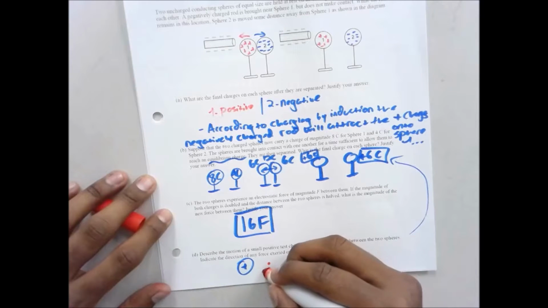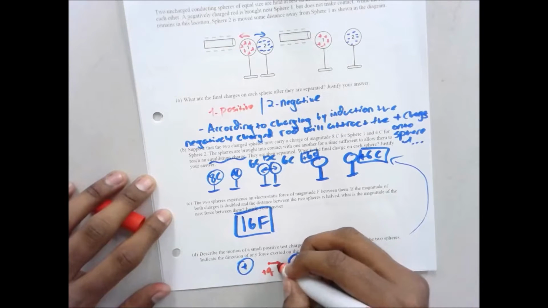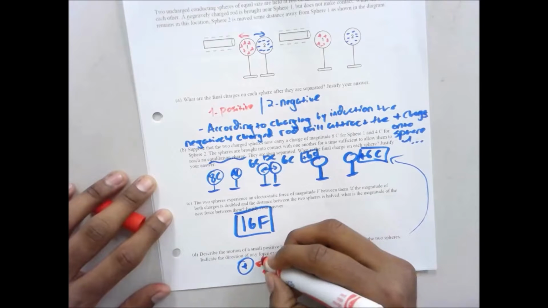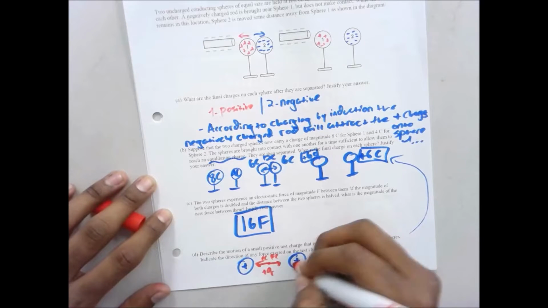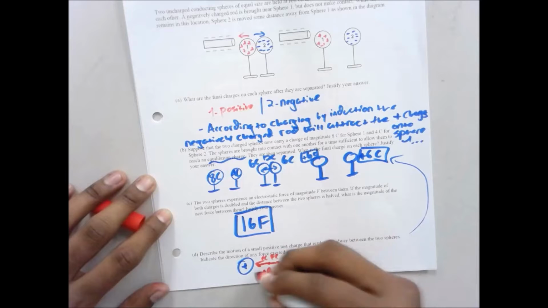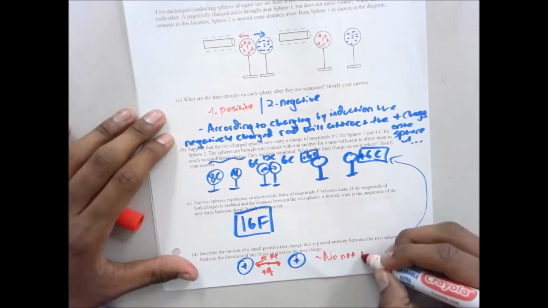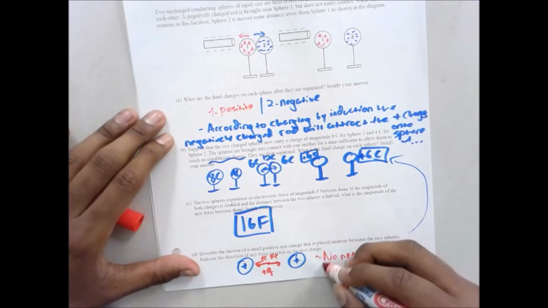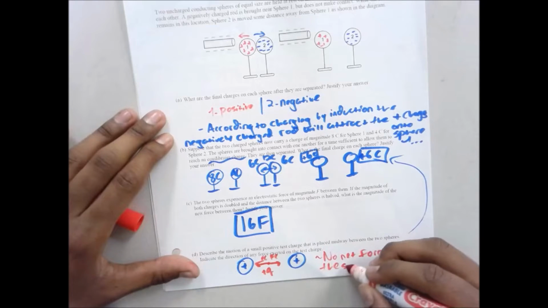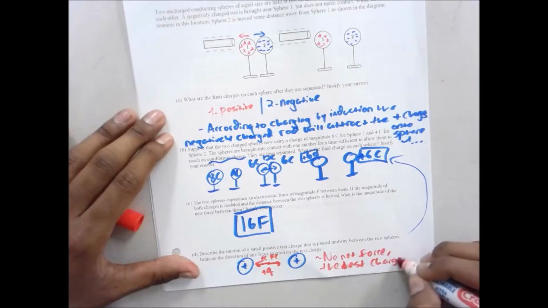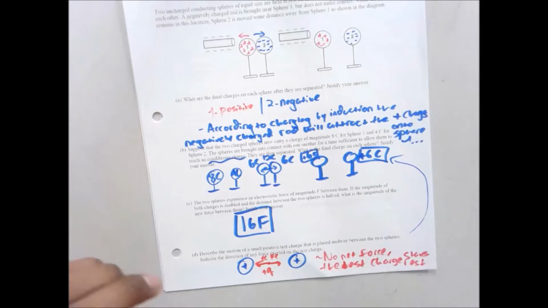That small positively charged test charge is going to experience a repulsive force from that sphere and a repulsive force from that sphere, right? So the repulsive force is going to be equivalent on either side, and so the net force it feels is going to be 0. It's going to be no net force. The test charge stays at rest. Alrighty.